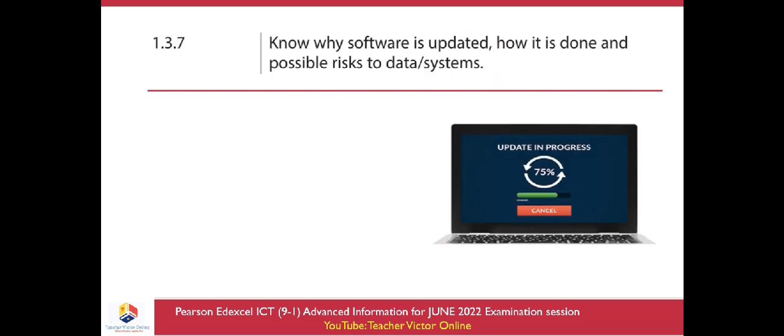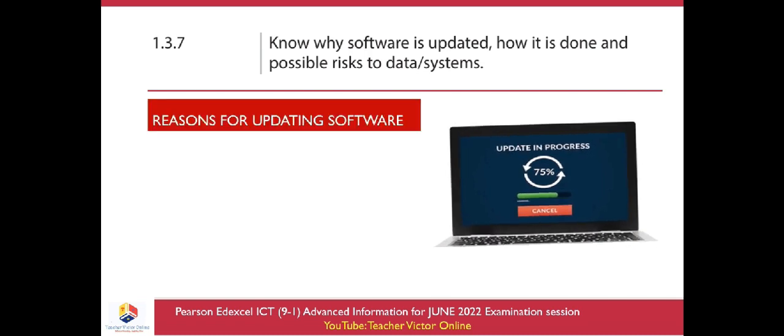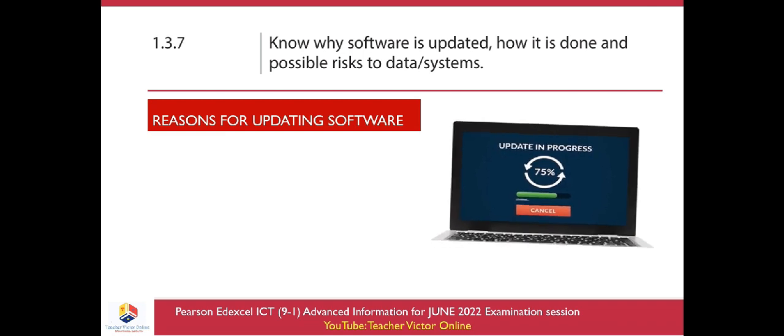Objective 1.3.7, we are required to know why software is updated, how it is done, and the possible risks to data and systems. We have reasons for updating software. What do you think are the reasons for updating software?